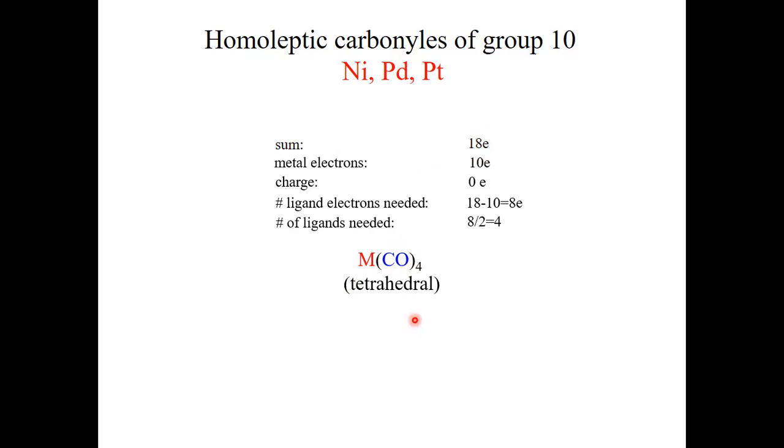So in this case, the nickel carbonyl does exist as a colorless liquid. It has actually a very low boiling point of 43 degrees Celsius, so it's quite volatile, whereas the respective palladium and the platinum compounds are already unstable.